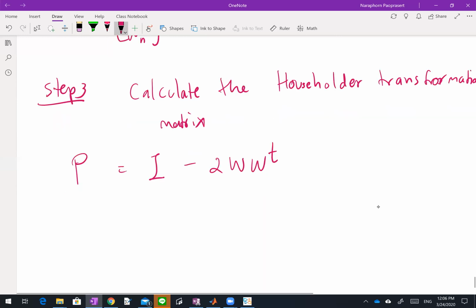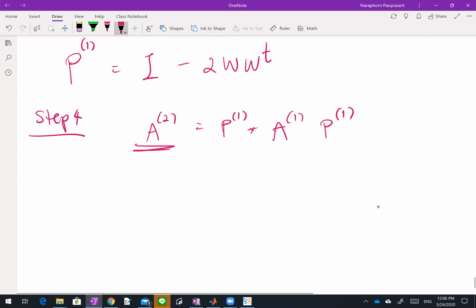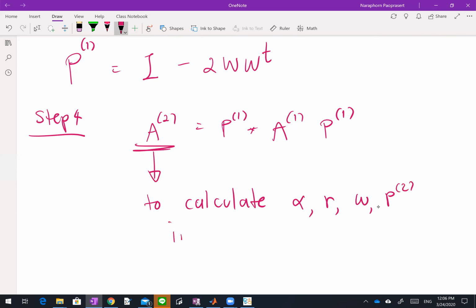And once you have the Householder transformation matrix, then step number 4, your new A is just going to be P, so this is P in the first round, times your original A, the A given by the problem, times P. So you update your A, and then you use your A to calculate alpha, r, W, and P in the second round.